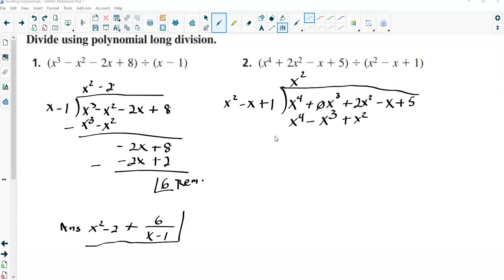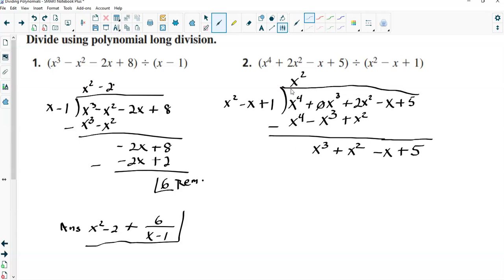Okay, notice the next step is subtract, right? So we're going to subtract. x to the 4th power minus x to the 4th power, that's 0. 0 minus negative, so that's plus, that would be x cubed. Then 2x squared minus x squared, that would be x squared. Then next step is lower the next terms, minus x plus 5. And repeat the process.